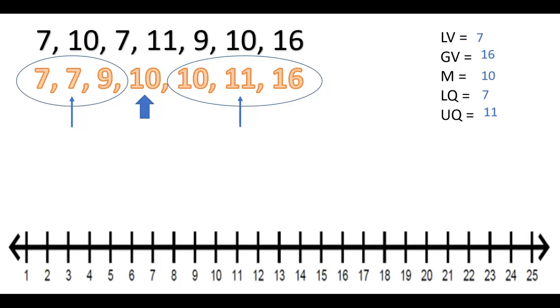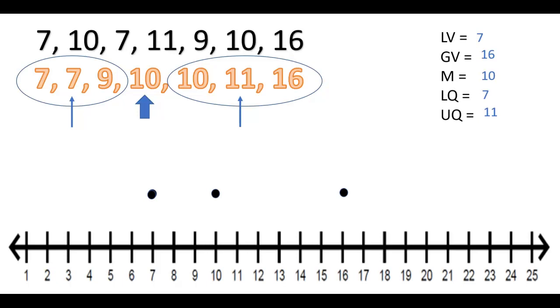You're going to see something a little interesting. Here's my least value. There's my greatest value. There's my median. Watch what happens when I put my lower quartile in. Oh, wait a minute. Do that again. Wait, one more time. It went to the same place.